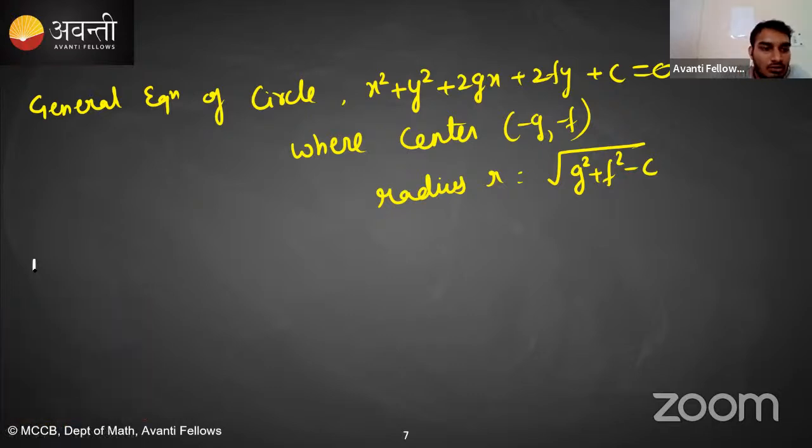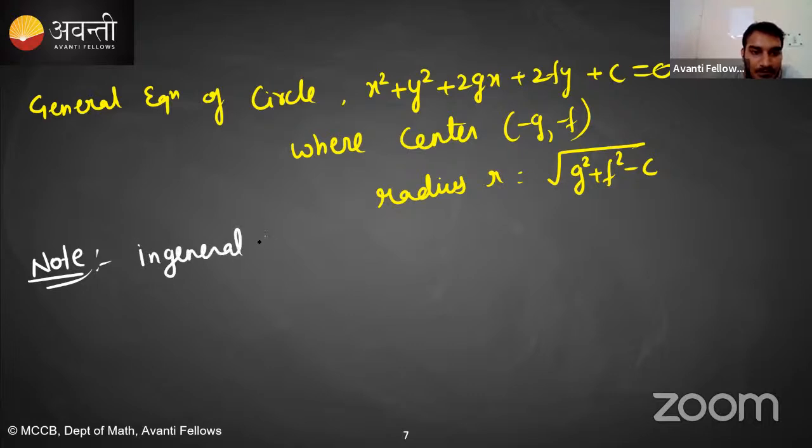Is this clear? Notice one thing that you should note here, even though I will add this in the PPT. In the general equation of circle, what is the coefficient of xy?